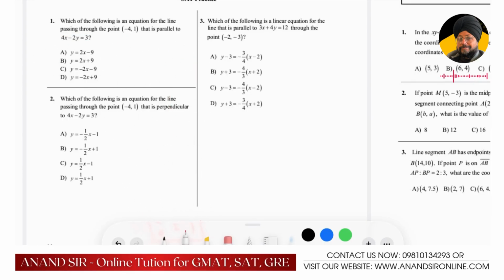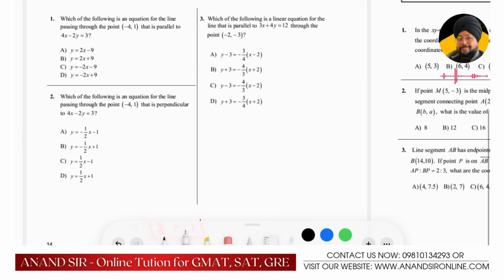Going to question number 2. Which of the following is an equation for the line passing through -4, 1 and perpendicular to this line? See, the question is same, but now we have to find the equation of the line which is perpendicular to the given line. Now recall the perpendicular condition.